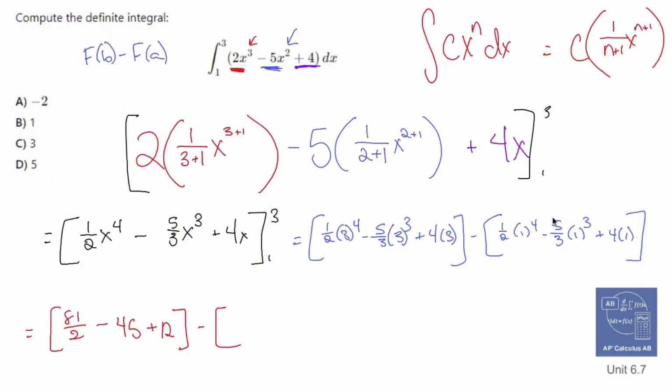Minus, all of these become 1, so are basically useless. So a half, minus 5/3, plus 4. All right. And we're still moving. 81 over 2 minus 45 plus 12 is going to be 15 over 2.